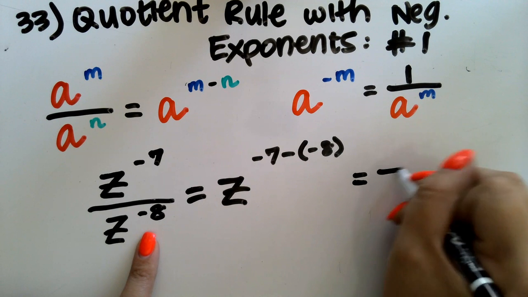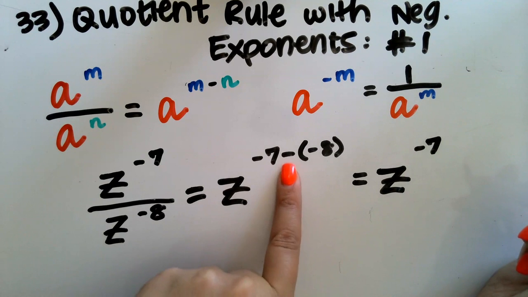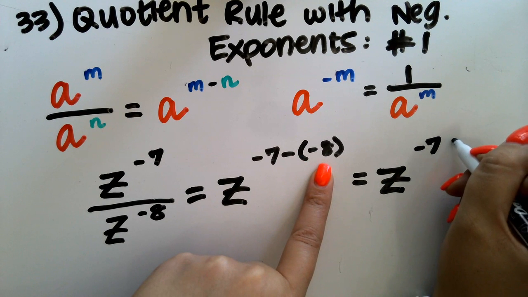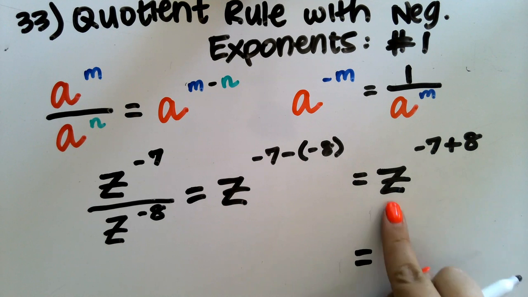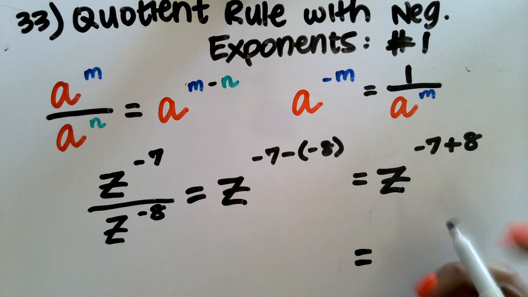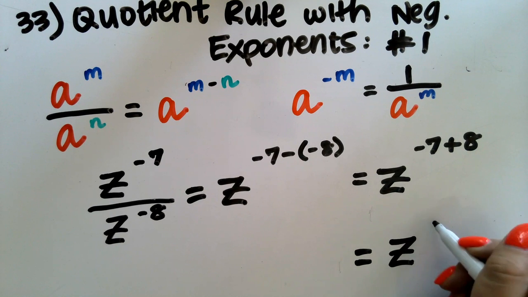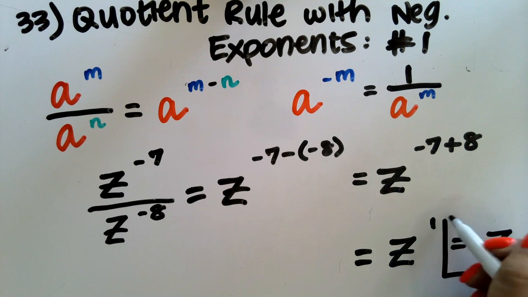So it's going to end up being z to the negative 7th minus negative 8, which is the same thing as plus 8, okay? And we know that z to the negative 7 plus 8 is just z to the first, which we know is z, just a single z.